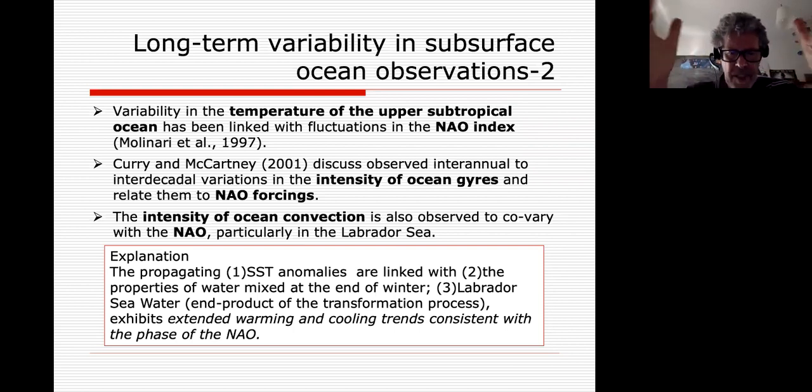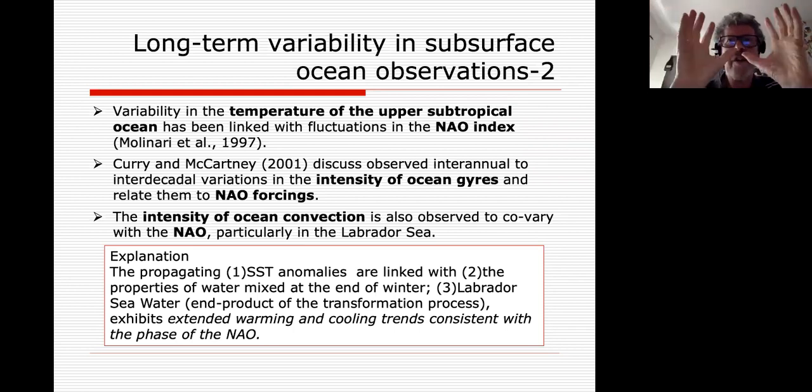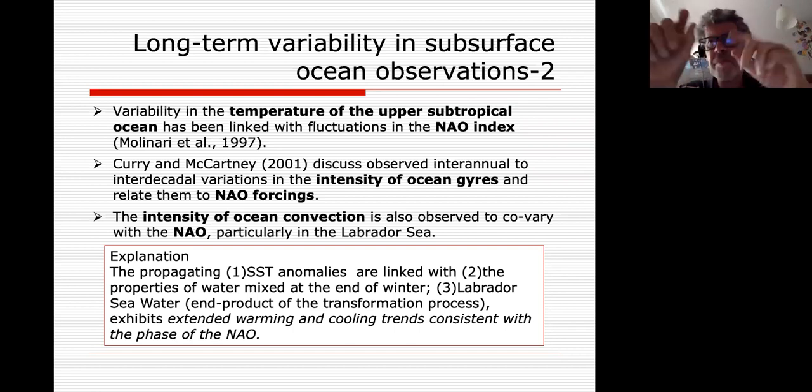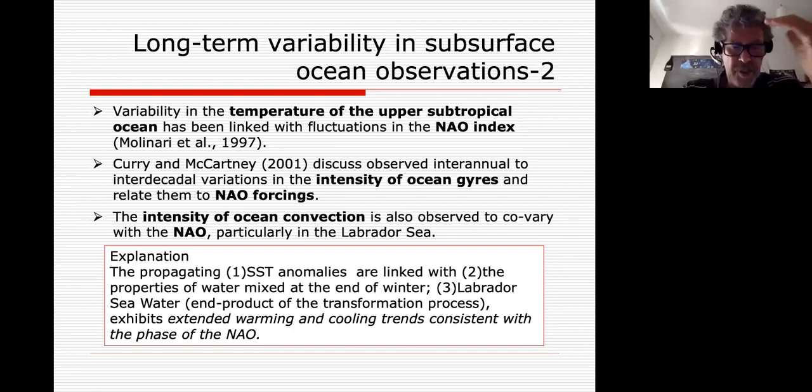Water formation means that you characterize the water formed in the period and changing the temperature also in surface, but in interior. And Labrador Sea water, which is the end product of the transformation process that takes place during convection, exhibits extended warming and cooling trends consistent with the phase of the NAO. So if you change the NAO phase, you change the wind forcing, and this is important in the water formation.